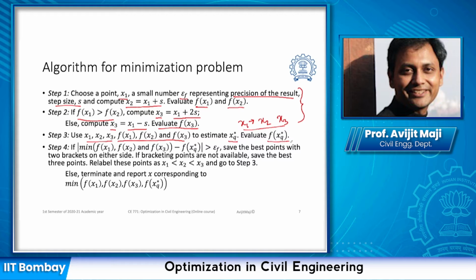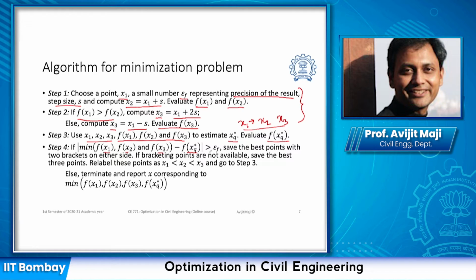Then we need to see whether the difference between the minimum objective function value among the 3 points x1, x2 and x3 and the objective function value at the new point xq star is more than the precision or less than the precision.